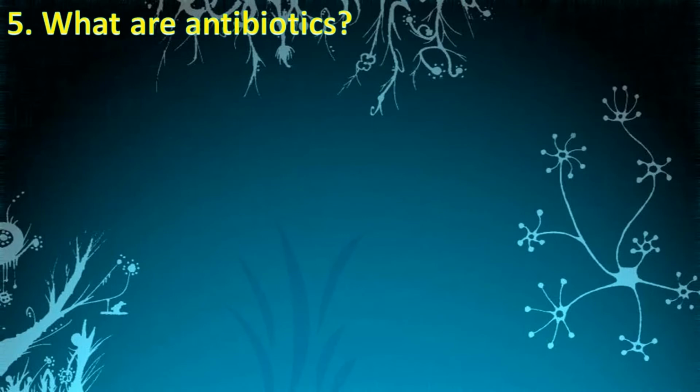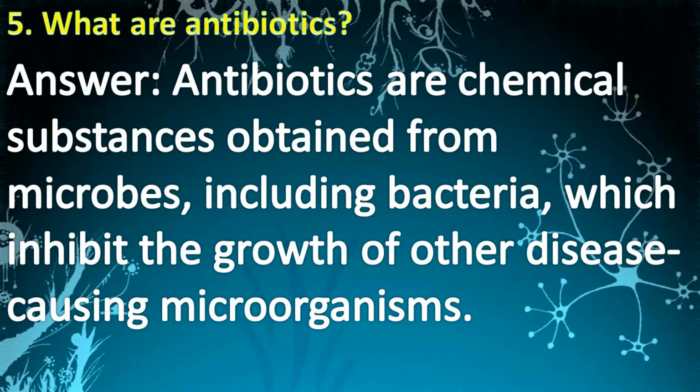What are antibiotics? Antibiotics are chemical substances obtained from microbes including bacteria, which inhibit the growth of other disease causing microorganisms. Next question.